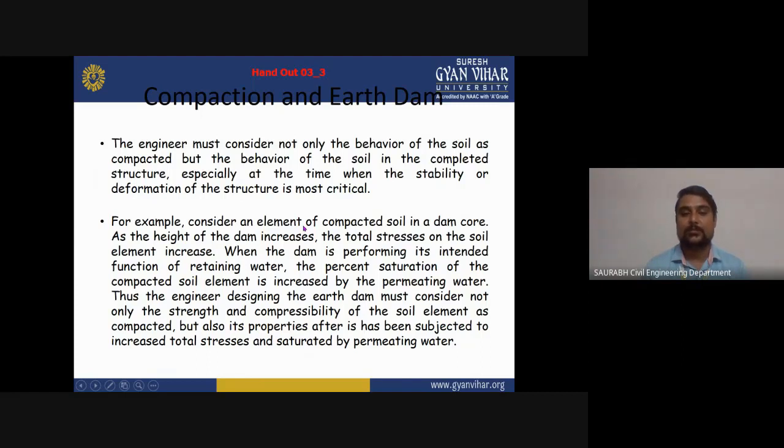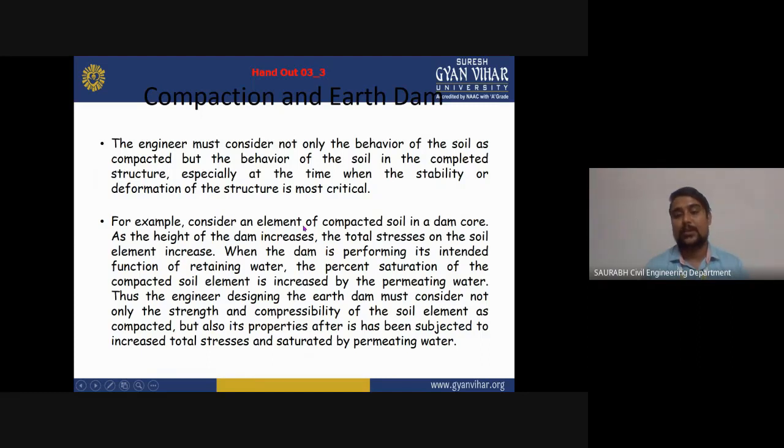The percentage of saturation of the compacted soil element is increased by the permeating water.